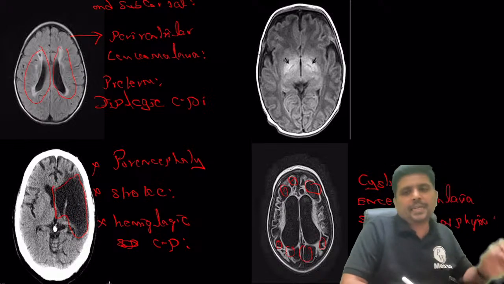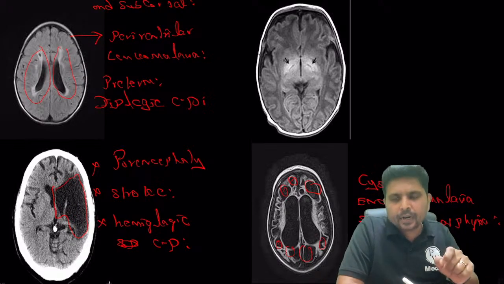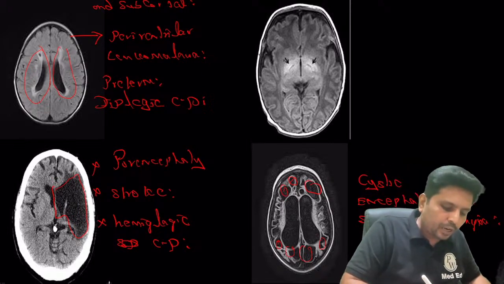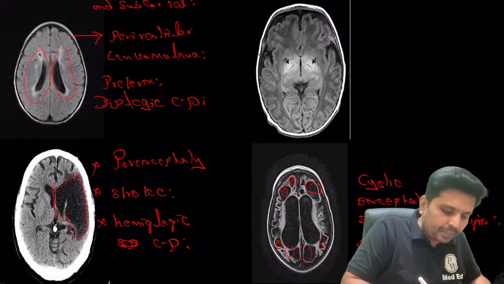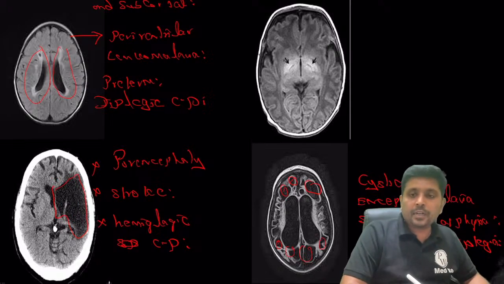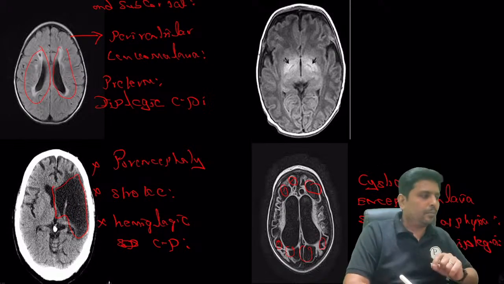In this pattern, the spasm will involve the entire upper and lower limb, and this is called spastic quadriplegia. What is this called? Spastic quadriplegia. This is called cystic encephalomalacia.